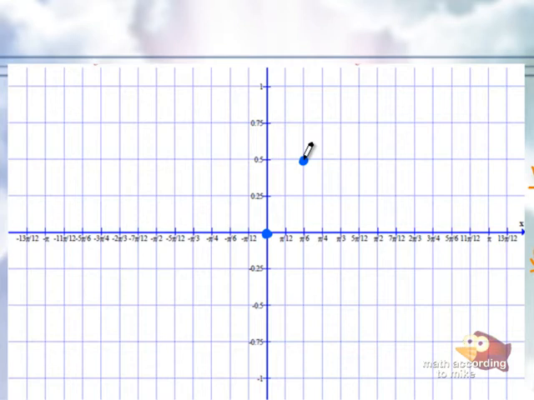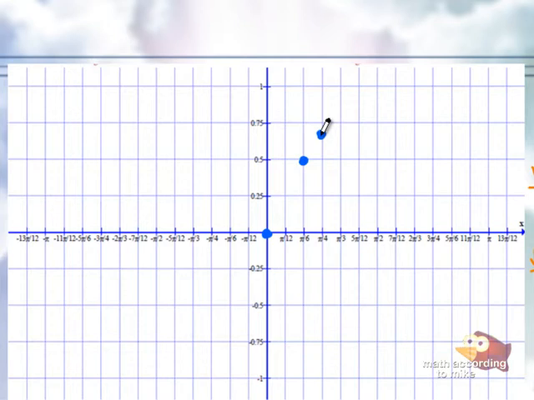The next corresponding one is pi over 4. What's the y-coordinate at pi over 4? Square root 2 over 2 has a decimal value of 0.7, so that's why we needed the decimal. So at pi over 4, we're going to go up 0.7, eyeball it. That looks good.